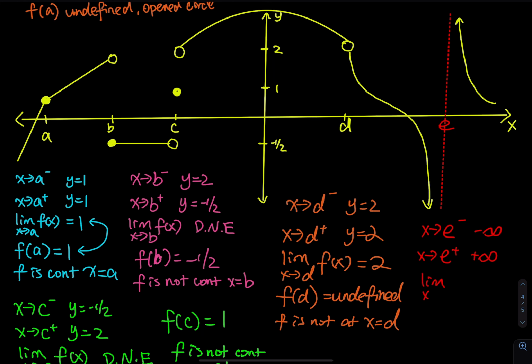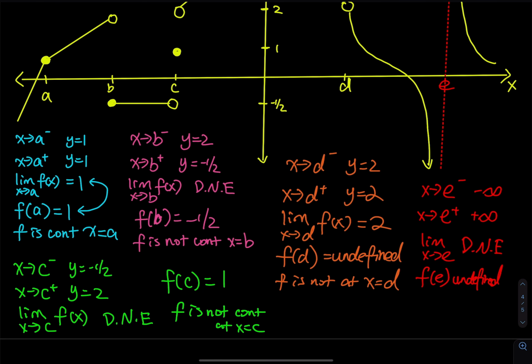So the limit as x approaches E does not exist. Besides, f of E is undefined, because x equals E is a vertical asymptote. So the function is not continuous at x equals E. It is just that simple.